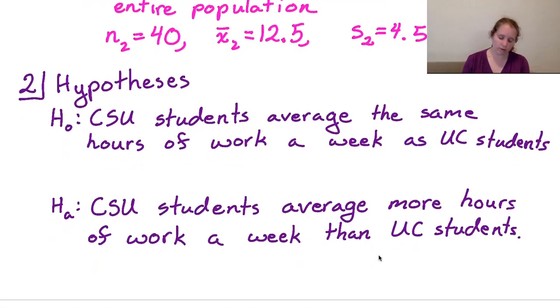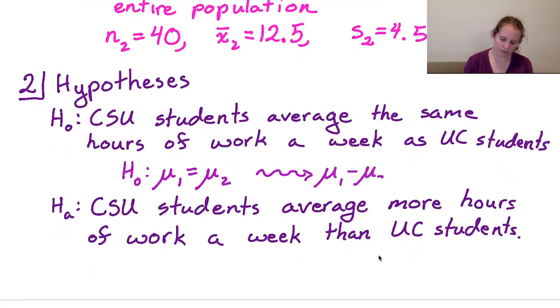In terms of symbols, for our null hypothesis, we are claiming that mu1 equals mu2, or equivalently, mu1 minus mu2 equals 0. We get that essentially by subtracting mu2 from both sides.